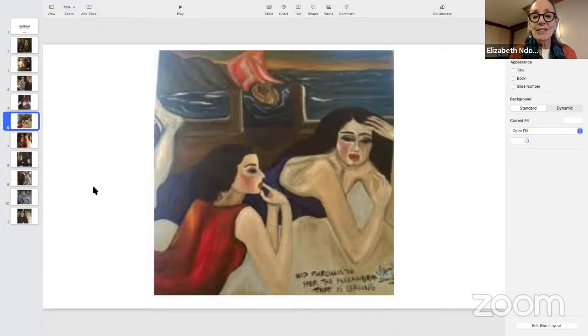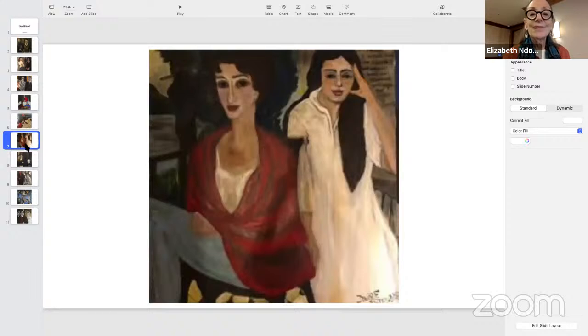So this one is about leaving Alexandria, which is where she was born. You can see the word Alexandria in the bottom corner. Two more very beautiful women.